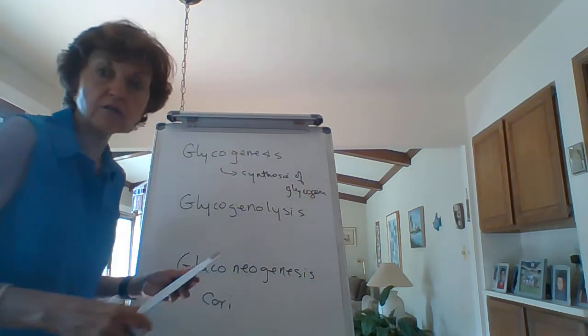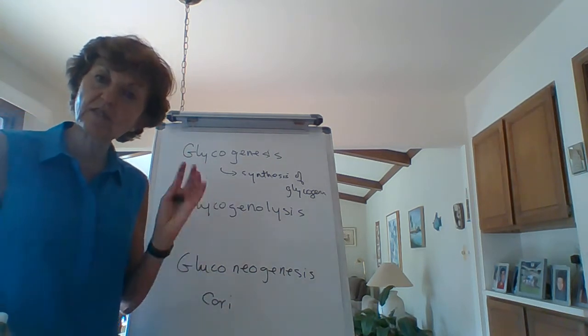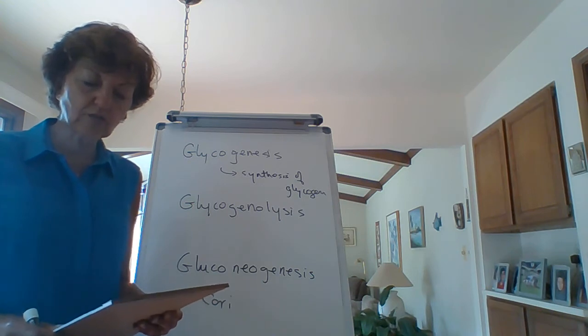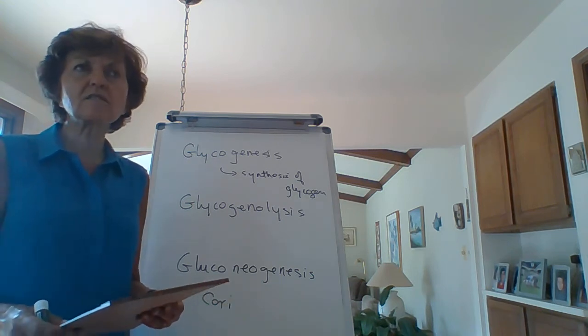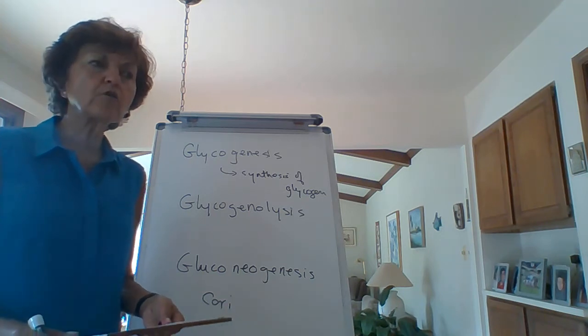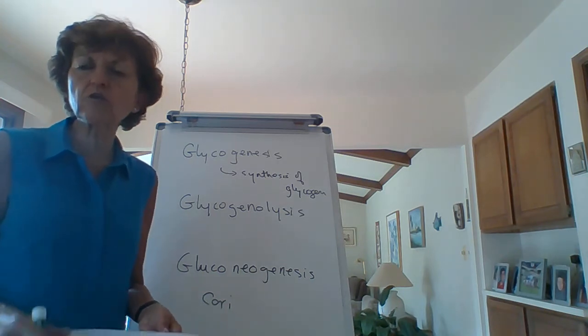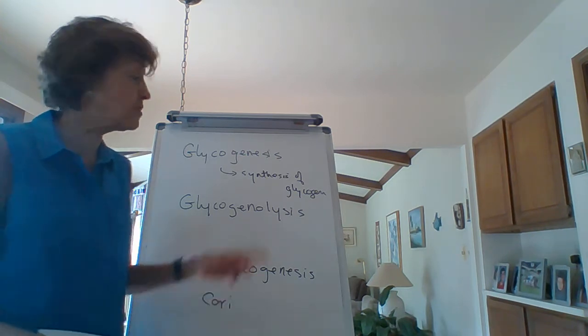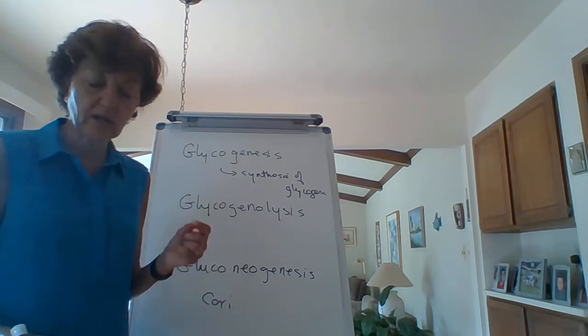And where is glycogen synthesized? We synthesize it in the liver and in the muscle. So all the extra glucose, it's a cycle. It's actually several steps, a pathway to do this. A uridine diphosphate is used. You can look it up in the book about the details of it. You don't need to worry about the details. You just need to know the term, what it means.